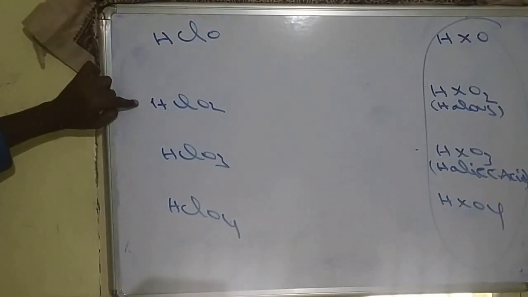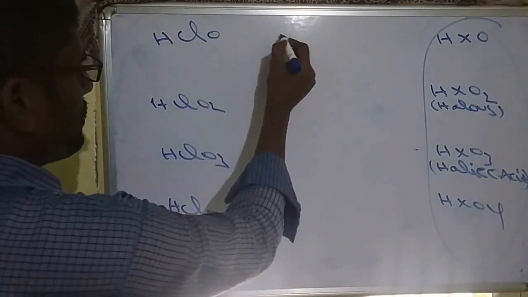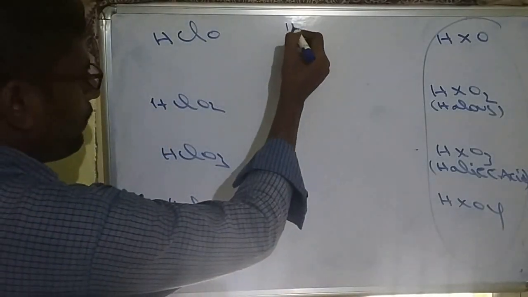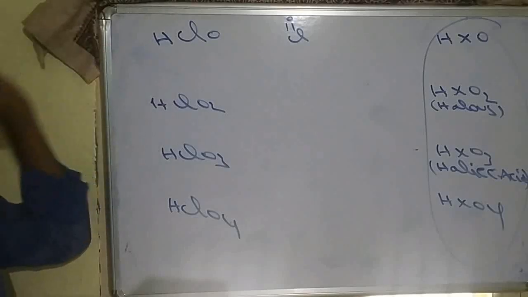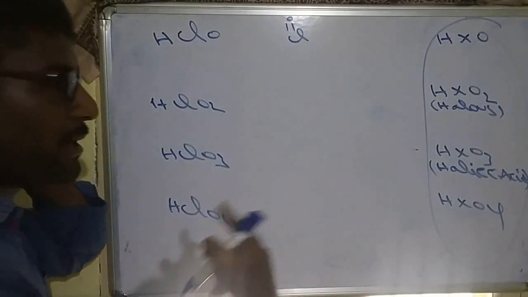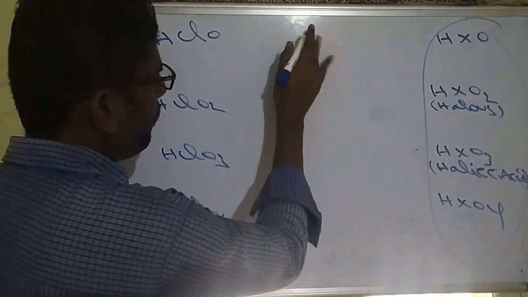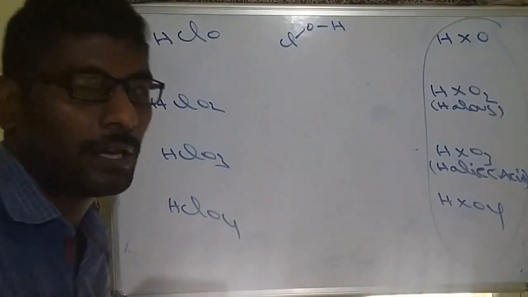Hypochlorous acid, chlorous acid, chloric acid, perchloric acid. When you are writing the structure, the central atom will be Cl. We must write double bond oxygen, but if you write double bond oxygen, there is no OH group. Oxoacid means it contains at least one OH group. So without writing double bond oxygen, I directly write the OH group. That is ClOH.